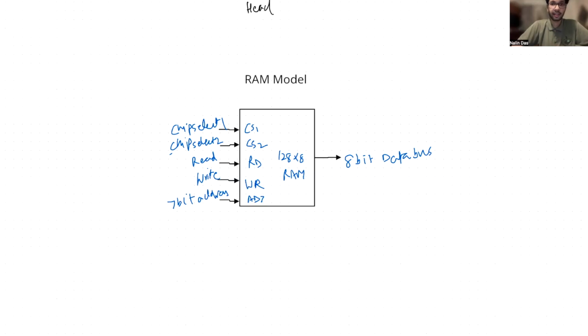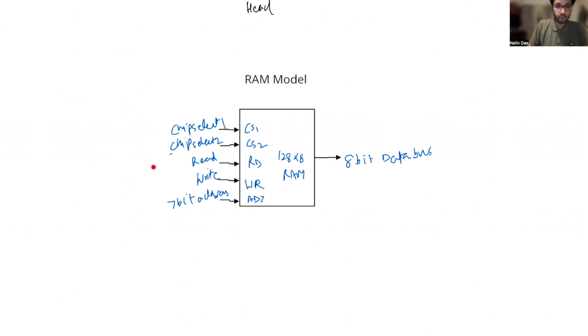The RAM model is a simplified view. Instructions act as registers and memory. It's used in algorithm complexity analysis. So for example, here we have a simple RAM model, which has two chip selects. Essentially, based on whether it's a 0 or a 1, it selects either of these chips. Then we have a read state.